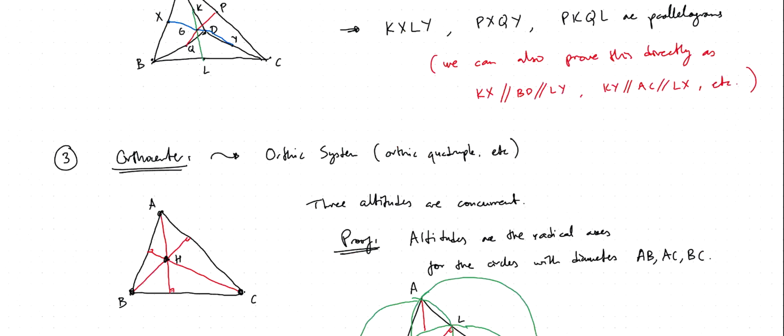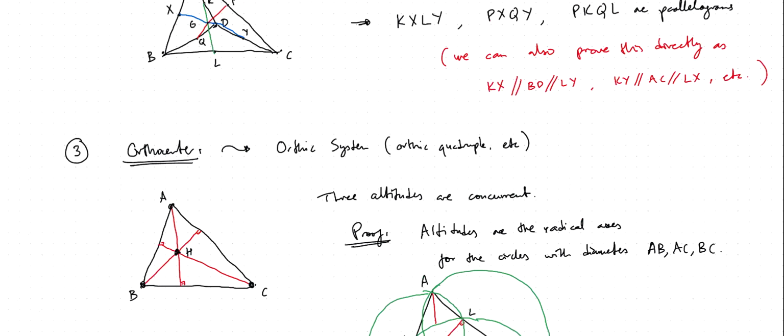For example, look at AH, so ABH and AHC. They are symmetric with respect to AH. You can prove this easily because the angle ABH is equal to the angle ACH. The proof is simply this: since this angle is equal to this angle, but from opposite sides, the same segment AH is seen by equal angles from opposite sides.